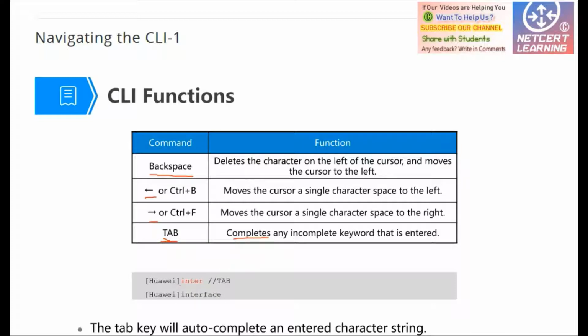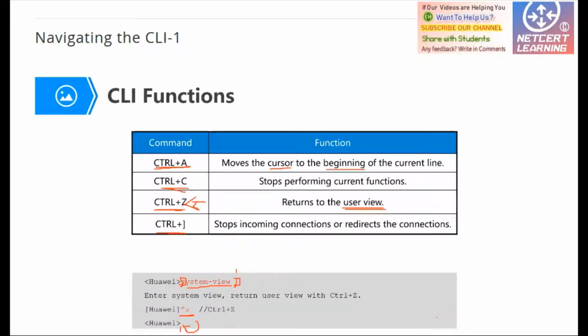For example, for interface, you just type enter, and then you press the tab key, and the remaining characters will be automatically typed in for you. This is the tab key: autocomplete and enter the character string.